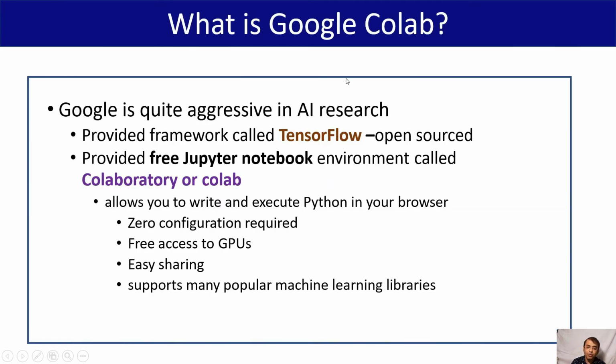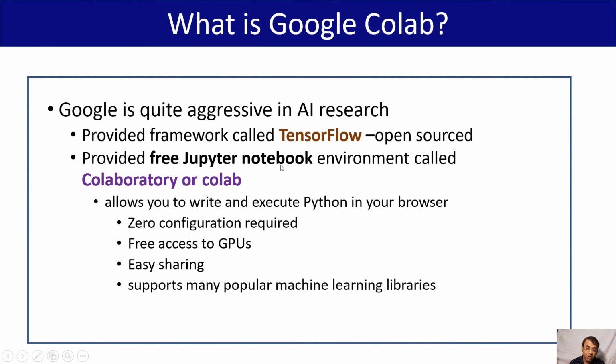Now I will tell you where you execute your machine learning algorithm and make a model. This is the platform, Google Colab, where you can implement your machine learning code. You can execute also in Raspberry Pi, I will show you later. What is Google Colab? Google is quite aggressive in AI research and provided the framework called TensorFlow, that is open source.